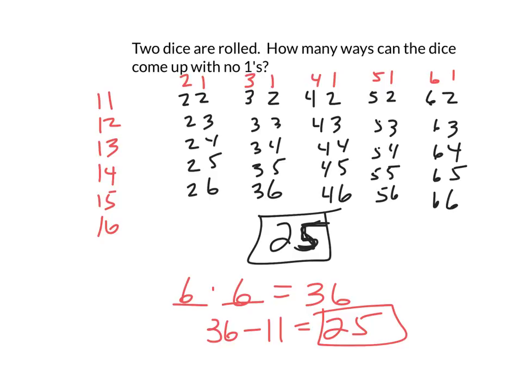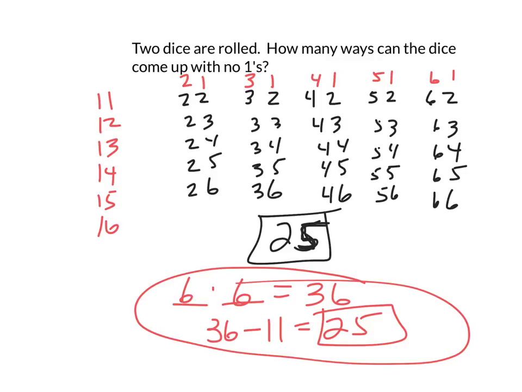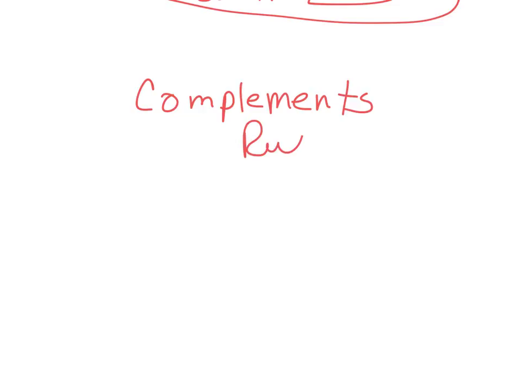Now, if you would have taken an approach like that, you would be using something called the complements rule. Okay, so let me tell you about the complements rule. You've been using the complements rule ever since you were in about 2nd or 3rd grade.